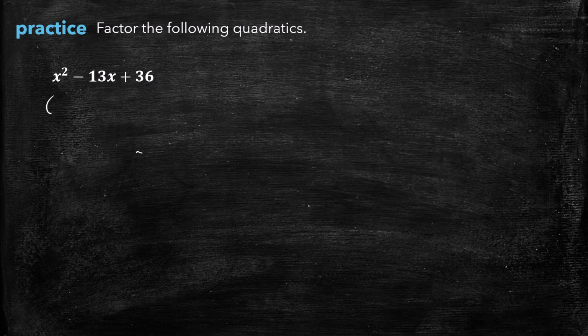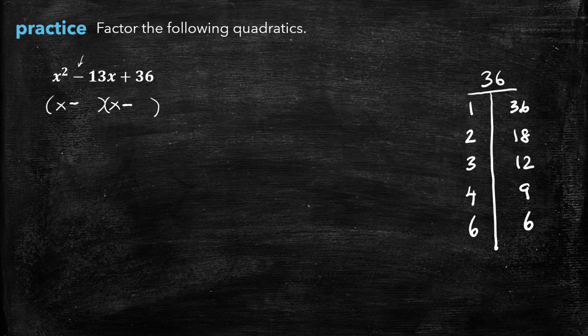So in this case here, we know that to get x squared, we need x and x in the first part of each parentheses. And now because there's a minus there, I know that this is going to have to be minus and this is going to have to be minus, and minus times minus will be positive, so not a problem. But let me call up, notice I used 36 so I could call up the factor table we made before.